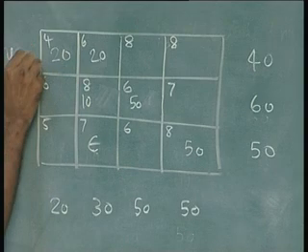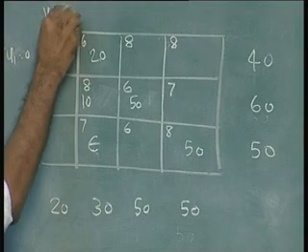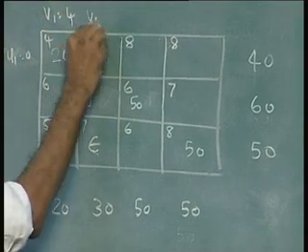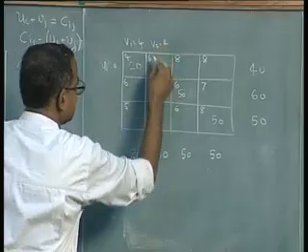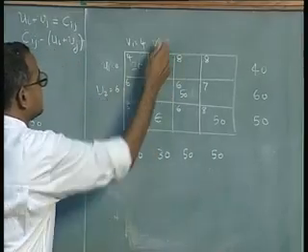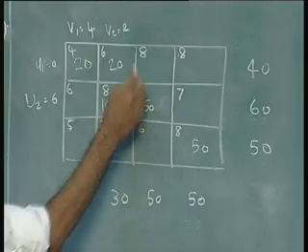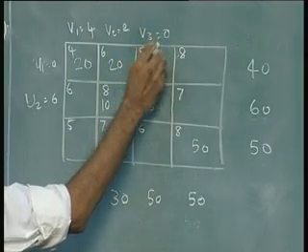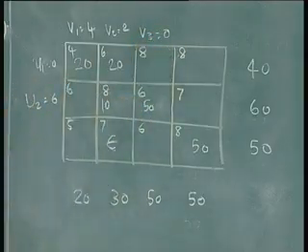So u1 equal to 0 would give us v1 equal to 4 based on this, v2 equal to 2 based on this. Coming back, u2 equal to 6, 2 plus 6 equal to 8, there is an allocation here, v3 equal to 0, 0 plus 6 equal to 6.